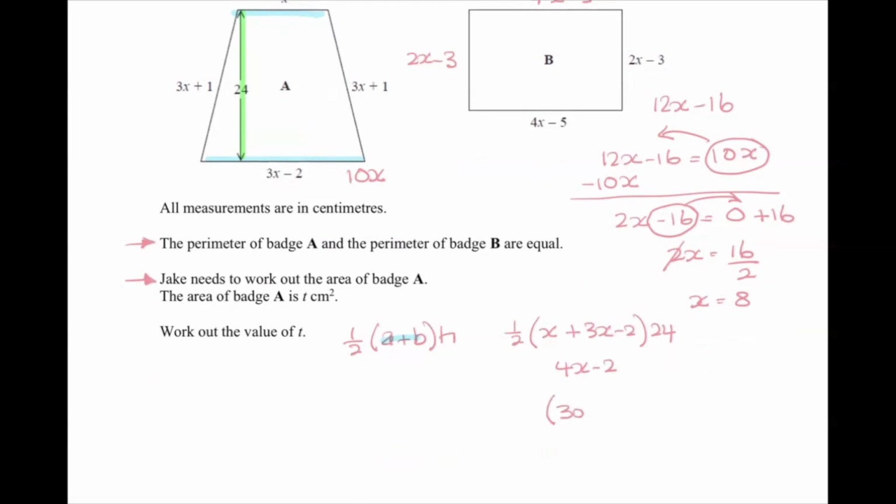So what I've now got is a half of 30 times 24. That's going to lead to 15 times 24. And the final answer would be 360. I'm showing more than I really need to. Remember, this is a calculator paper. Once you've got your numbers, you can throw it straight in your calculator and get here. You don't need to split it through, okay?